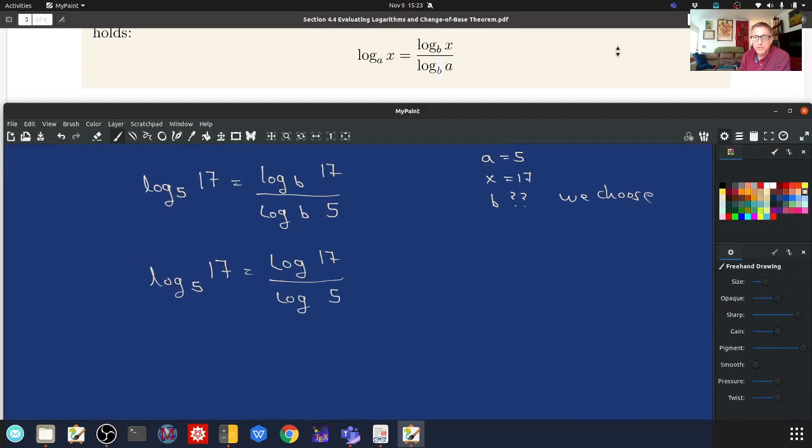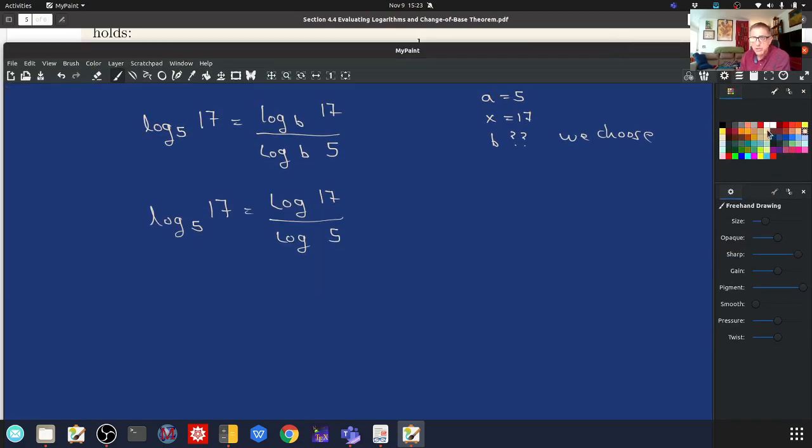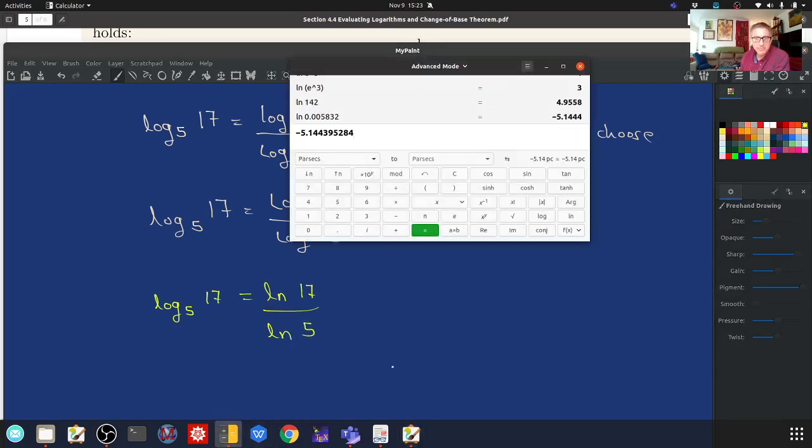Or if you wish, you can choose another base: log to the base 5 of 17 is going to be equal to the natural log of 17 divided by the natural log of 5. And we'll show that we get the exact same number.